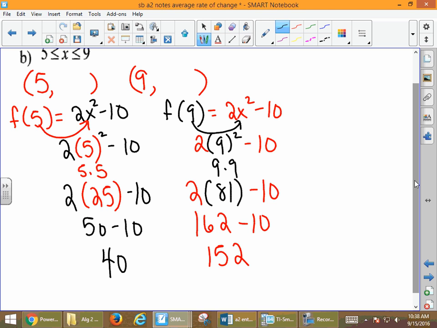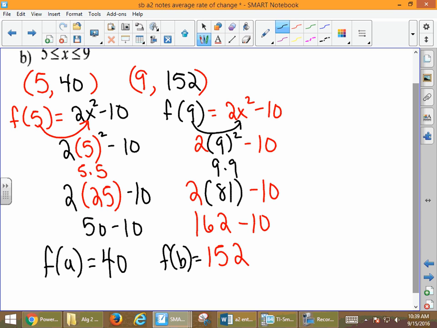I didn't do very well labeling. I'm going to go back and label it so that hopefully it'll make sense for you. This is f of a. It's 40. We're going to put it in right here. Over here, this is f of b, 152. Don't get concerned about too big of numbers. It's okay.